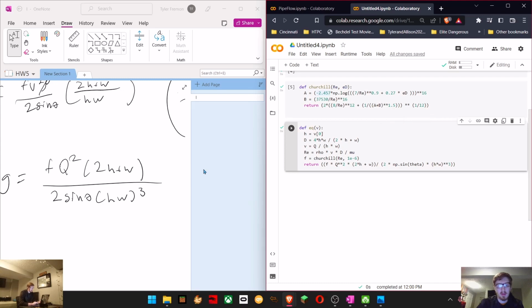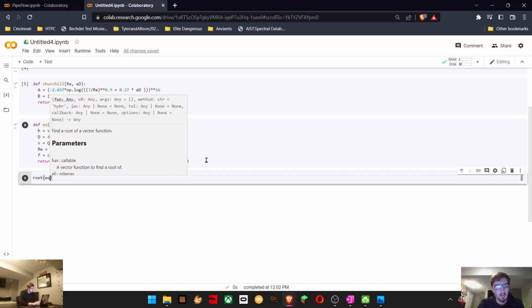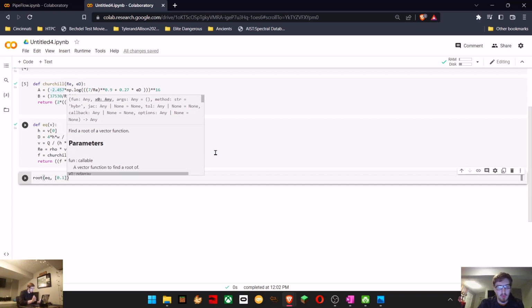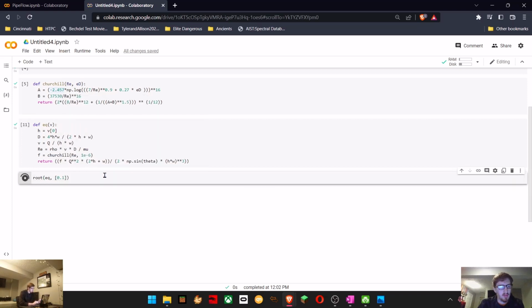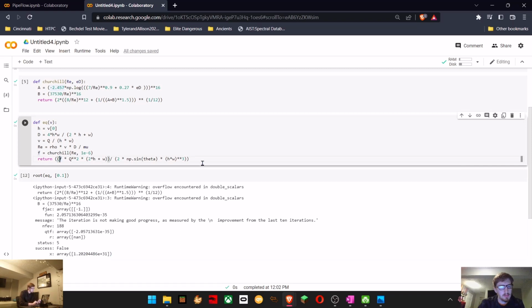All right, and then from here we can just use the root solver to solve this equation. We need to provide our equation and our initial guess in the form of a vector, so we'll say 0.1 meters for now and see how that does. It's giving us a really weird answer. First off, I need to put these in brackets.